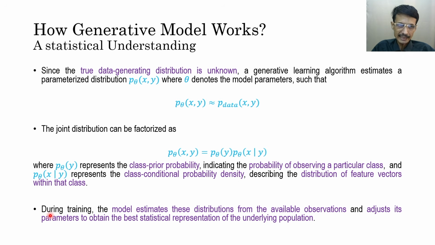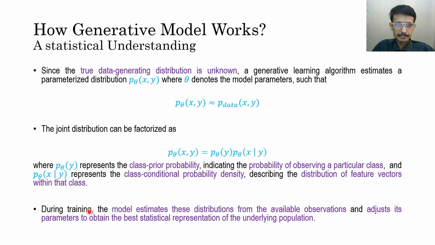Now, during training, the model estimates these distributions, p theta (y) and p theta (x given y), from the available observations, and adjusts its parameters to obtain the best statistical representation of the underlying population. That is exactly what we want to do.